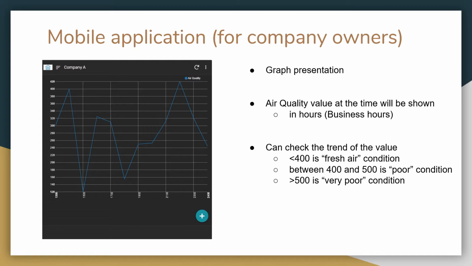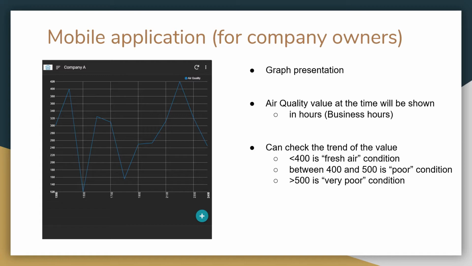For example, the name is company A, and we can see the graph presented, where the company owners can see the trend. They can see the air quality data for the business hours they are operating. For example, company A is working from 1 p.m. to 12 p.m. and they can check the overall data.